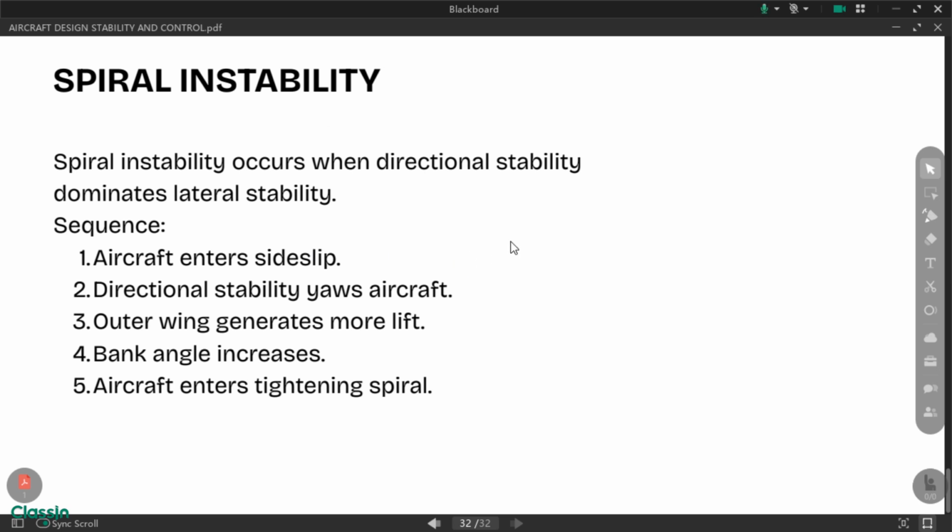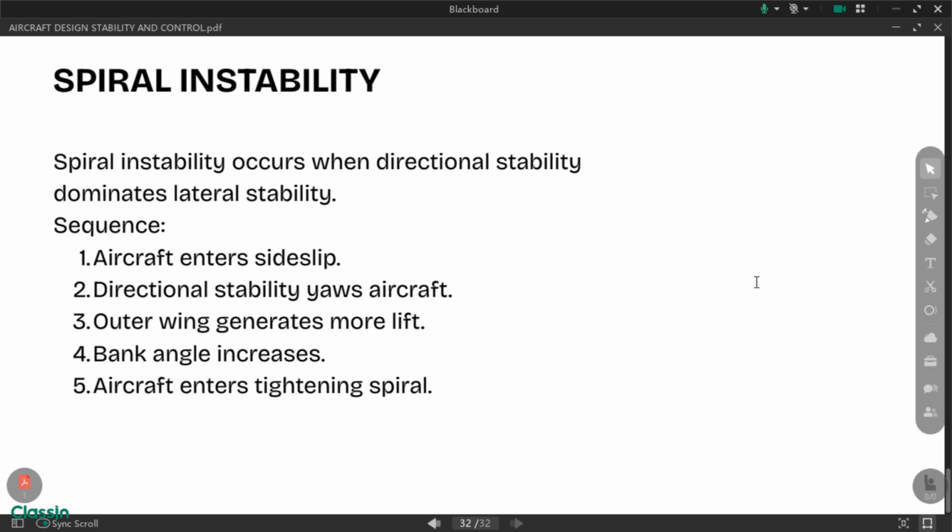Okay? Our aircraft gradually enters an increasing bank and a descending turn. Our instability develops when our directional stability is stronger than the lateral restoring tendency.